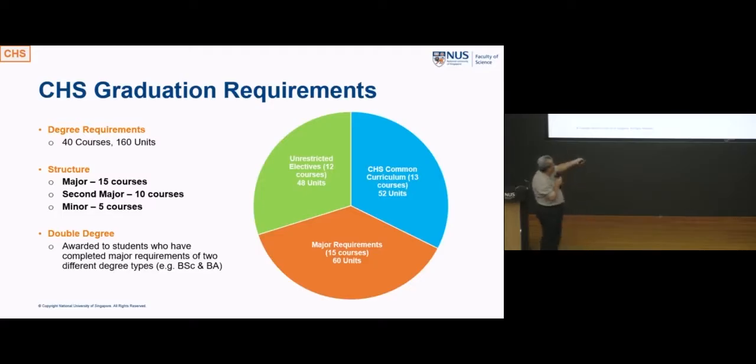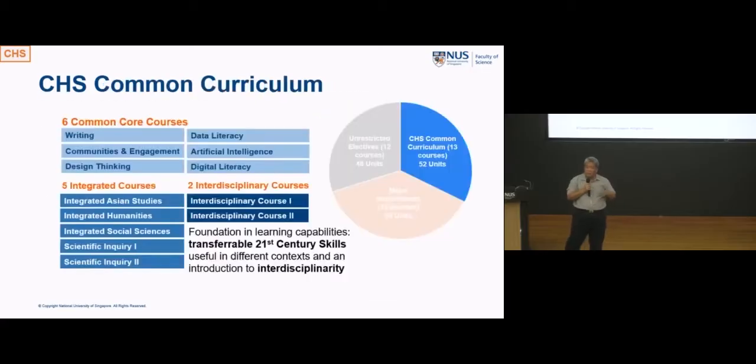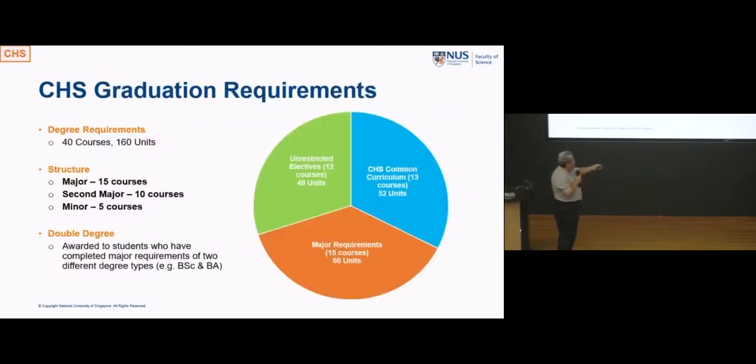This unrestricted electives, I guess, is what you can use for anything, right? And I will explain this briefly to you, or I presume many of you heard this before. But let me talk about the common curriculum here, this part. This will probably be many of the first few things you will be doing.